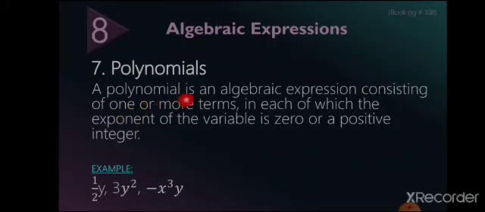So in a polynomial, an algebraic expression consisting of one or more terms, in each of which the exponent of the variable is 0 or a positive integer. The exponent can be 0 or positive. Understood? The exponent means the power cannot be negative in polynomials. If the power is negative, it will not be called polynomial.